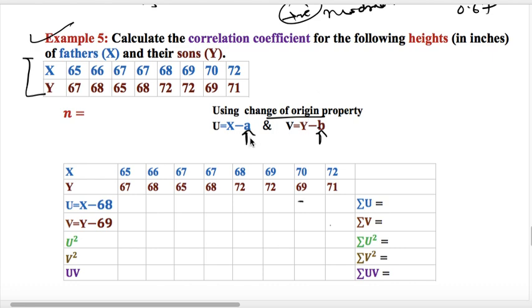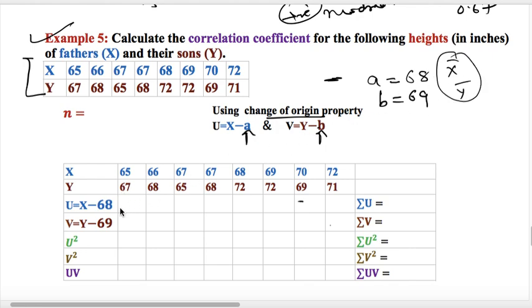The first preference is to select the mean. If the mean is coming in decimals, take a value near the mean. So right now I selected a as 68 for x and b as 69 for y, which turn out to be x bar and y bar, but it can be anything else.